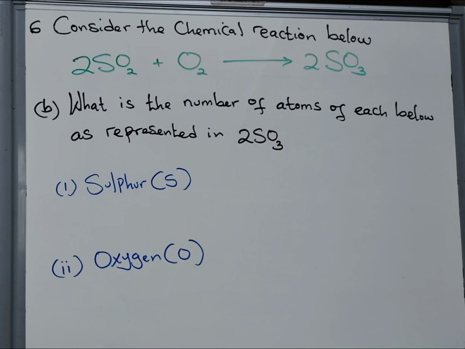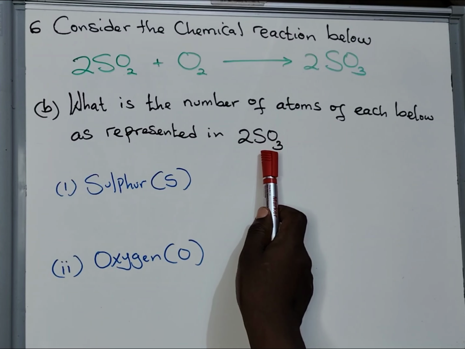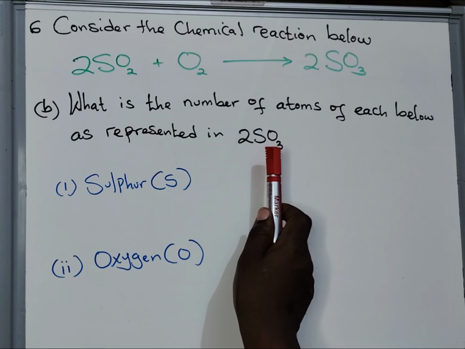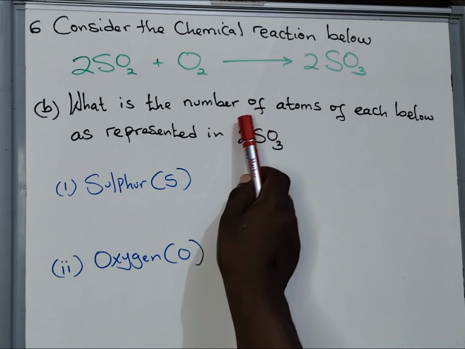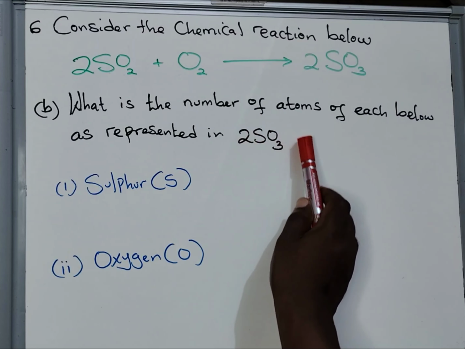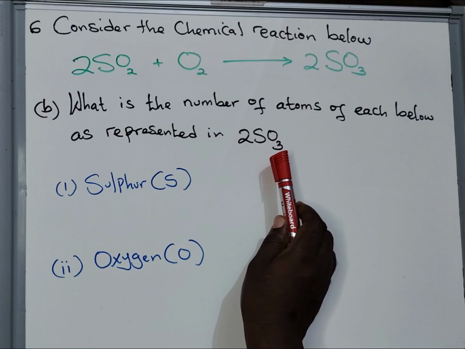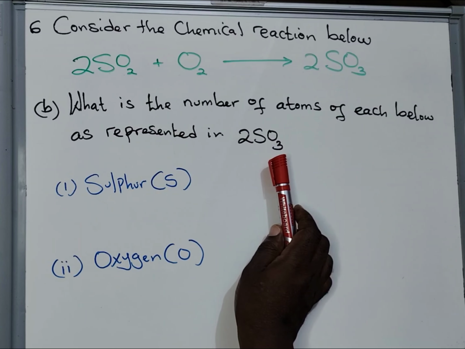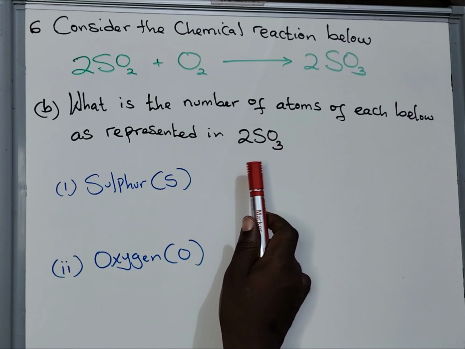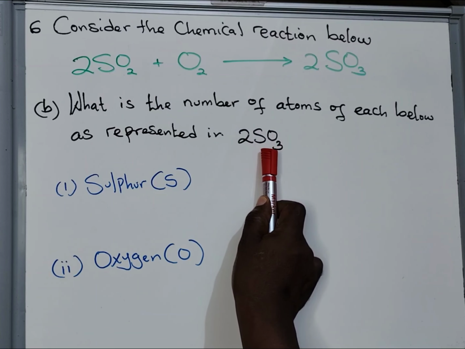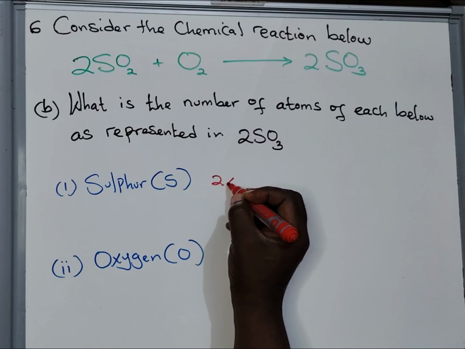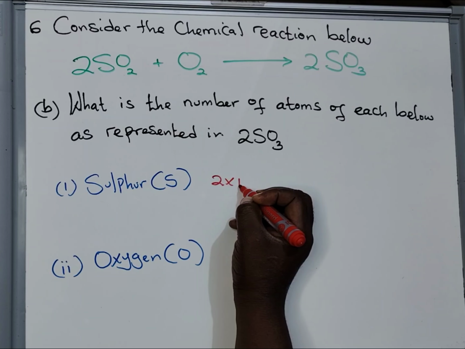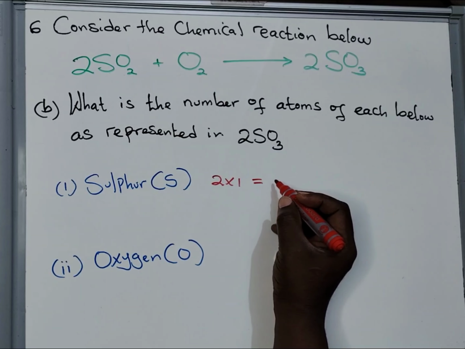If there is no number for subscript, the number is 1. If it's 1, we don't put it there. So the subscript for sulfur is 1, but the coefficient is 2. The coefficient is for both sulfur and oxygen. So if sulfur has 1, what's going to be the number of atoms? It's going to be 2 times 1, giving you 2.